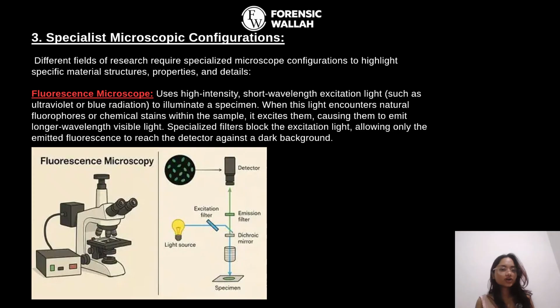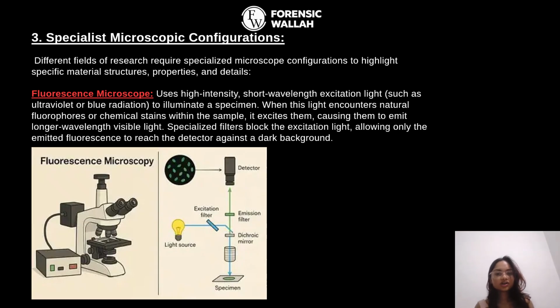Now, moving on to our next microscope, that is the fluorescence microscope. So, traditionally, microscopy relies on light reflecting off or transmitting through a specimen. Fluorescence microscopy, however, treats the specimen as the actual light source. The system uses high-intensity, short-wavelength excitation light, typically ultraviolet or deep blue radiation, to illuminate the specimen.